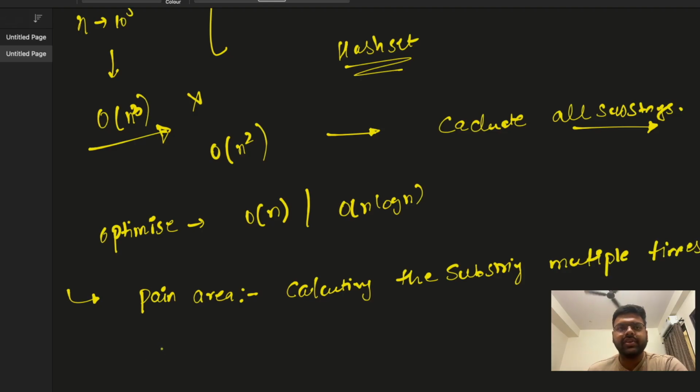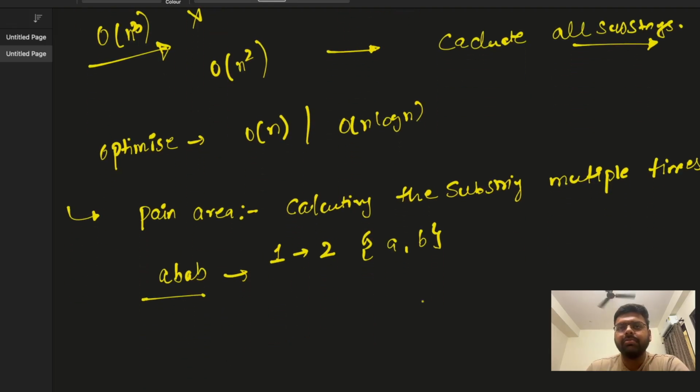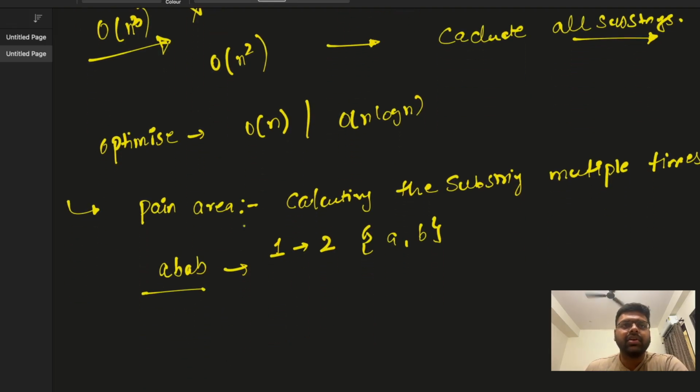because let's suppose we take the string as ABAB. The total possible substrings of length 1 is 2, which is A and B, but we are actually calculating them multiple times: first we check this A, then B, then we are again checking this A and this B. So these are wasted operations.